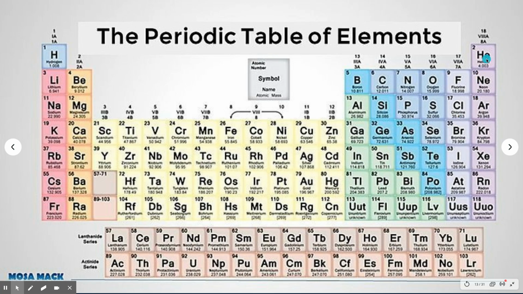It's important to know that they are organized in columns where they behave the same way. So this column over here, the very, very end, is the noble gases. They're the noble gases because they are the most stable on the entire periodic table of elements.